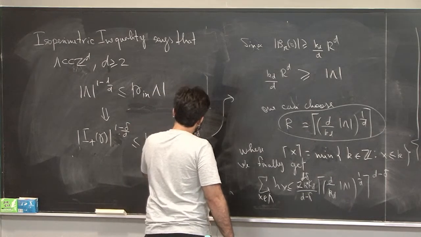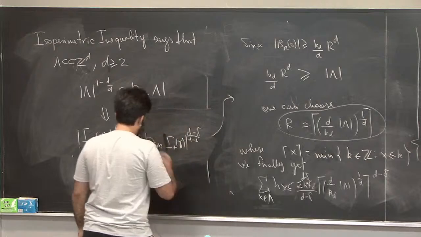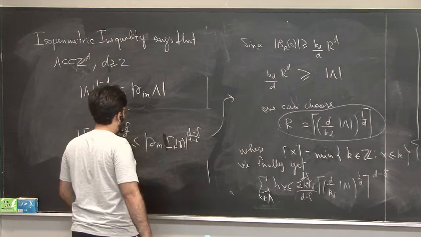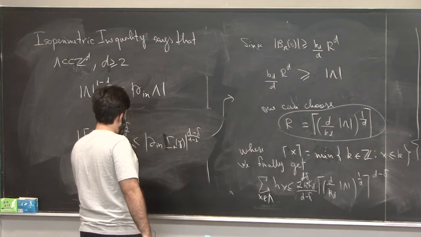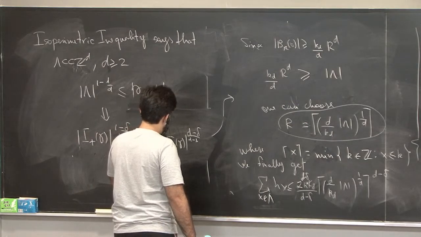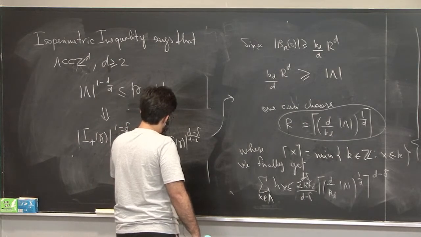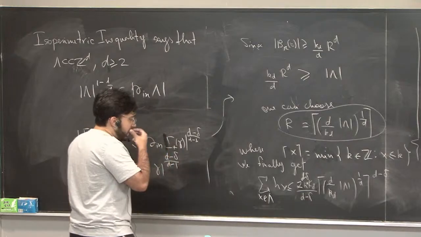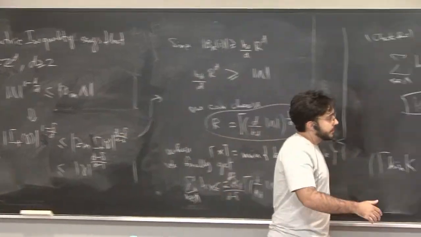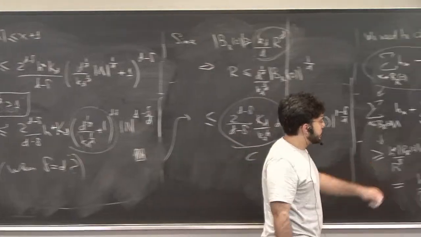(d minus delta) over (d minus 1). And since the inner boundary of the interior is less than the support of the contour, to the power (d minus delta) over (d minus 1), you just plug this over here.